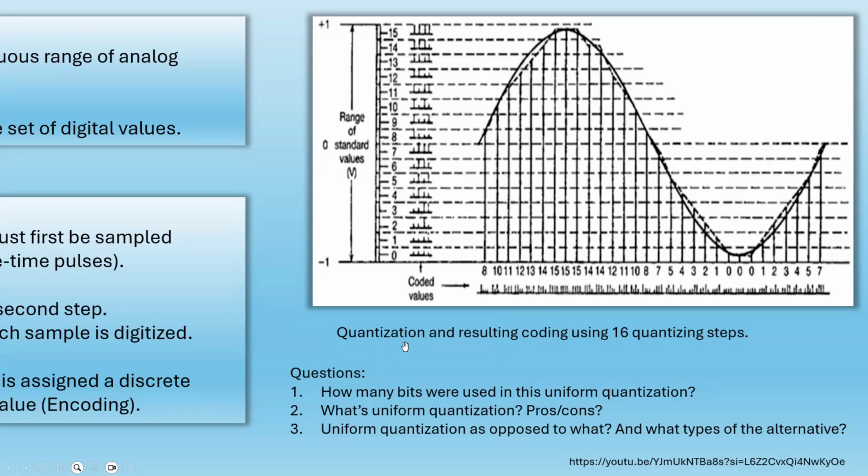So, with quantization resulting in this, using 16 quantizing steps, look, from 0 to 15. You can consider this as unsigned, which means not signed, like a signature.